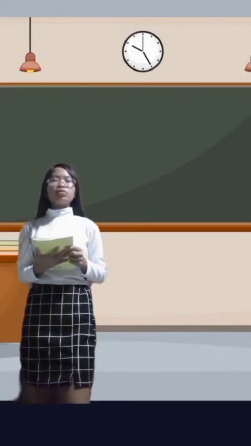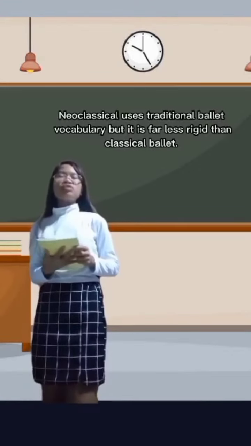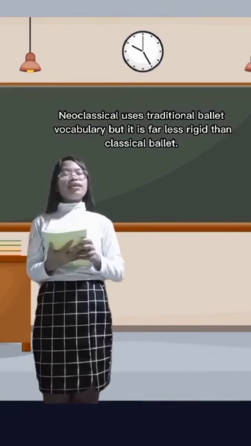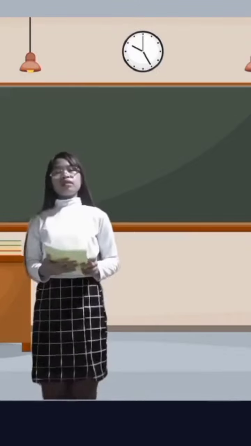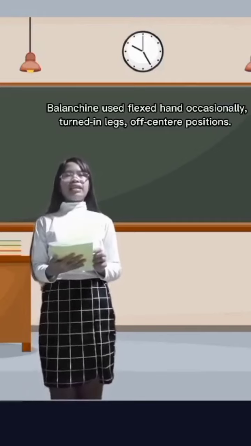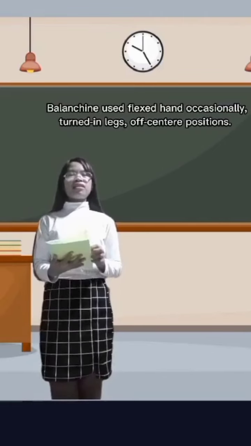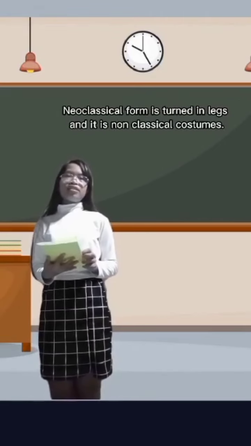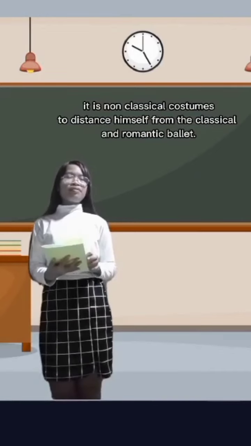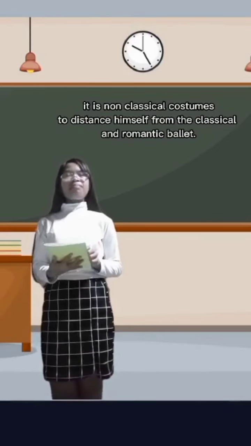Neoclassical, introduced in the 20th century by choreographer George Balanchine, uses traditional ballet vocabulary, but it is far less rigid than classical ballet. Balanchine used flexed hands occasionally. Neoclassical form is turned in legs and uses non-classical costumes, such as leotards and tunics, instead of tutus, to distance himself from the classical and romantic ballet.